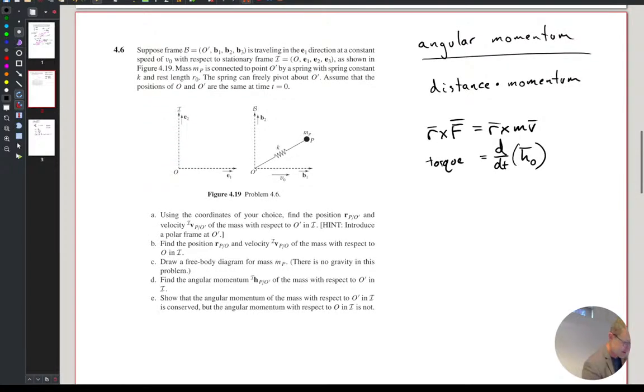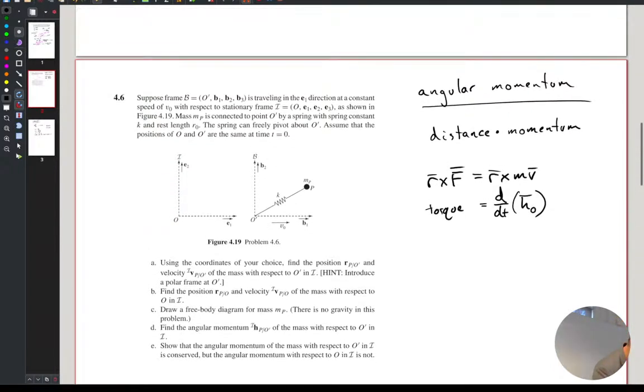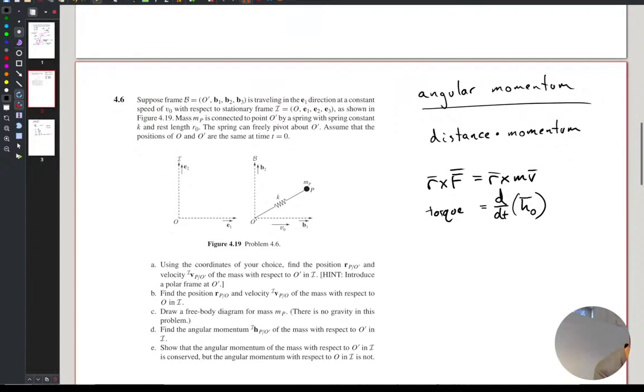H is our variable to say angular momentum, like P is linear momentum. So it's R cross P that is our angular momentum.